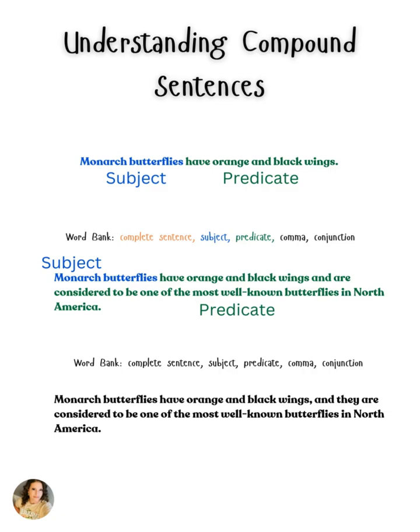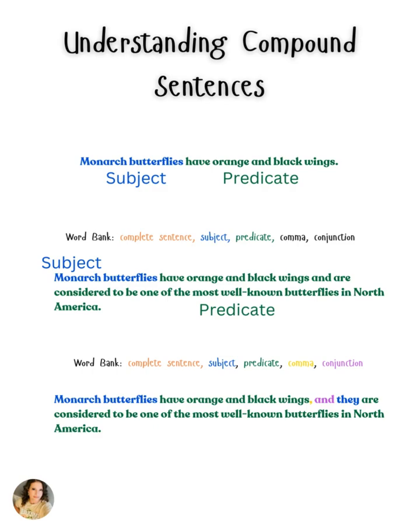It has two complete thoughts that are separated by a coordinating conjunction. So we are going to identify the two complete sentences, the subject and predicate in each, the comma, and the coordinating conjunction. So let's take a look.